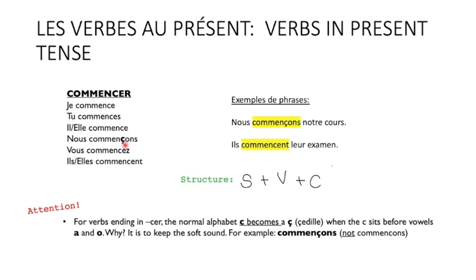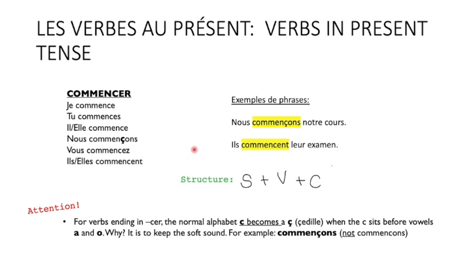Why? It's because it's to keep the soft sound. Kalau C cédille ni tak ada, bunyi dia jadi commencons, okay? So remember when there's a C and then the alphabet after it is A or O, you have to make that C a C cédille.